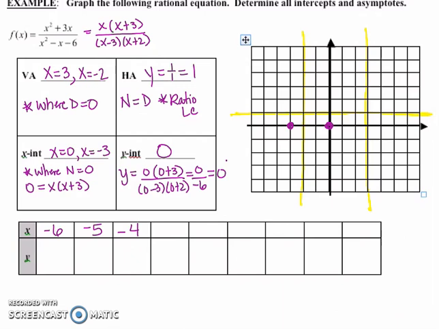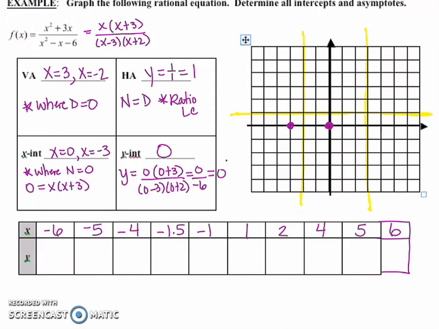So then I'm going to do negative 1.5, and negative 1, just to get a thorough look at what's going on there. And then I already know what's happening at 0 because I have a point there. So I'll jump to 1, 2, 4, 5, and maybe just for giggles, I'll throw on a 6 here.